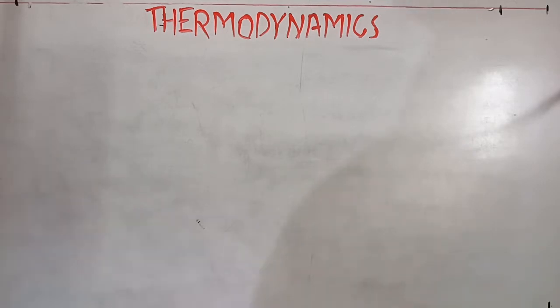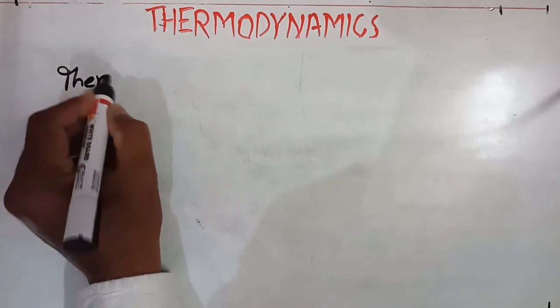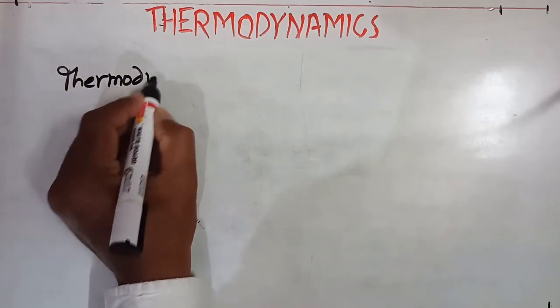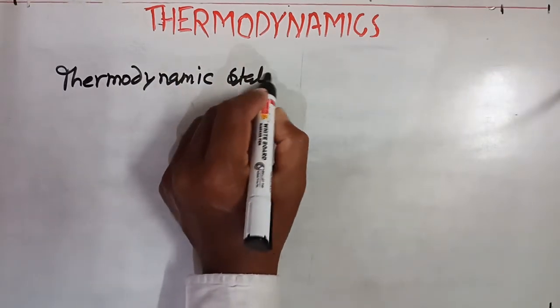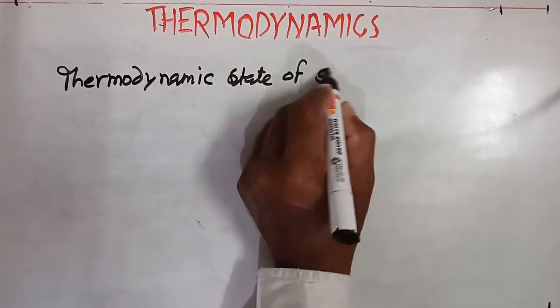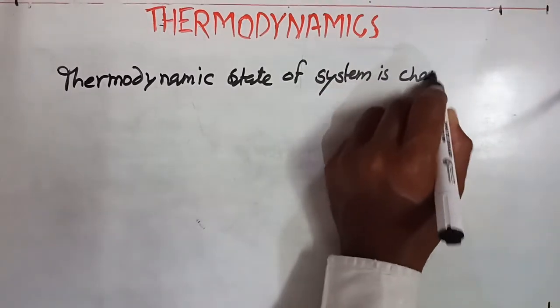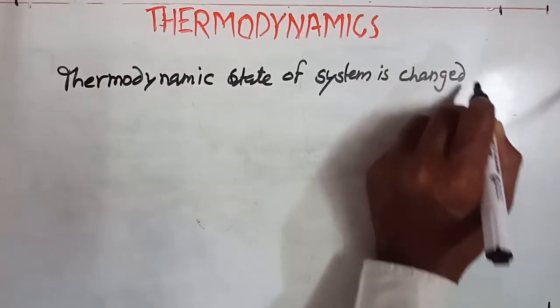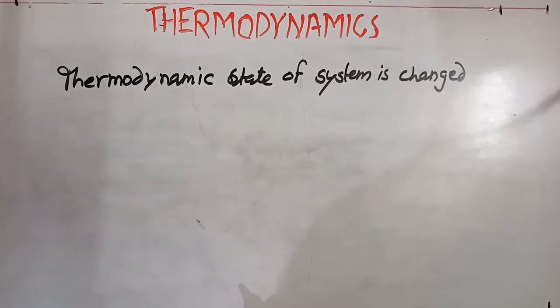What is a thermodynamic process? A thermodynamic process is a process in which the thermodynamic state of a system is changed.